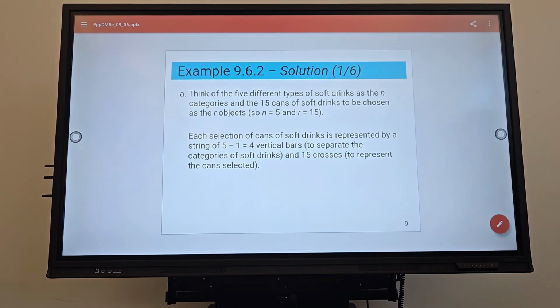For A, think of the 5 different types of soft drinks as the n categories, and the 15 cans of soft drinks to be chosen as the R objects. So n equals 5 and R equals 15.